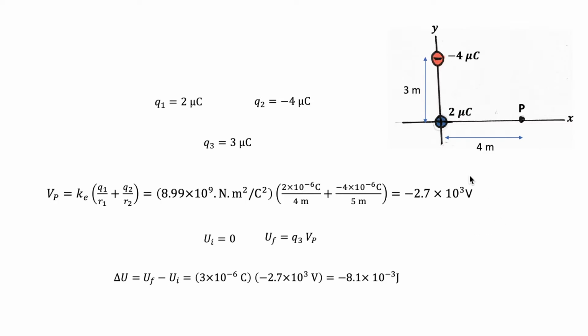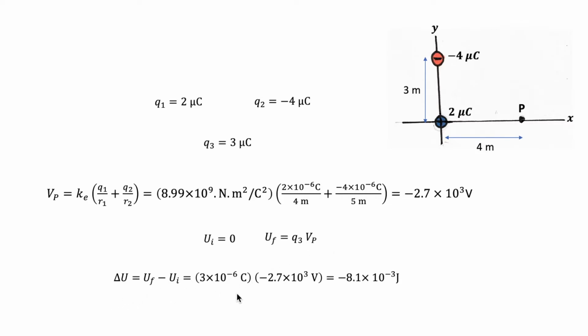So let's imagine now we bring a third charge, 3 microcoulomb, from infinity and place it at P. And we want to find the change in the potential energy of the system. So if we take the reference point for the potential energy as 0, then the final potential energy is Q3 Vp.